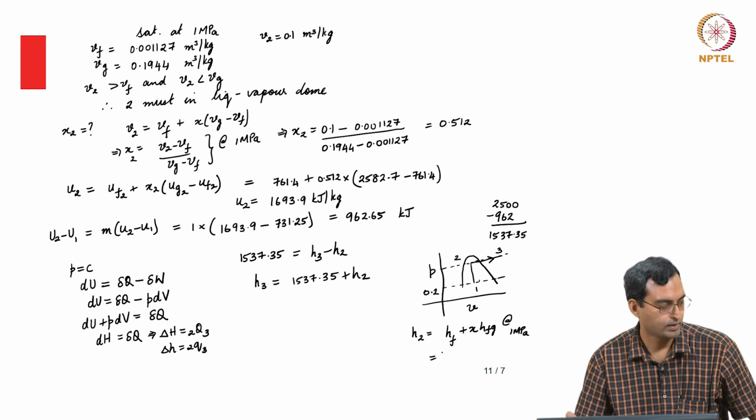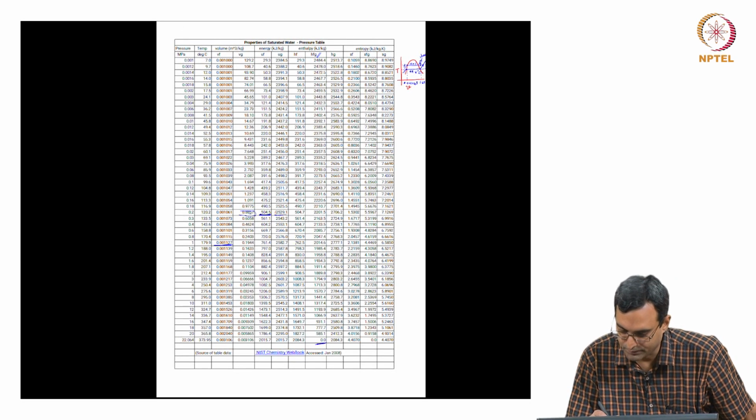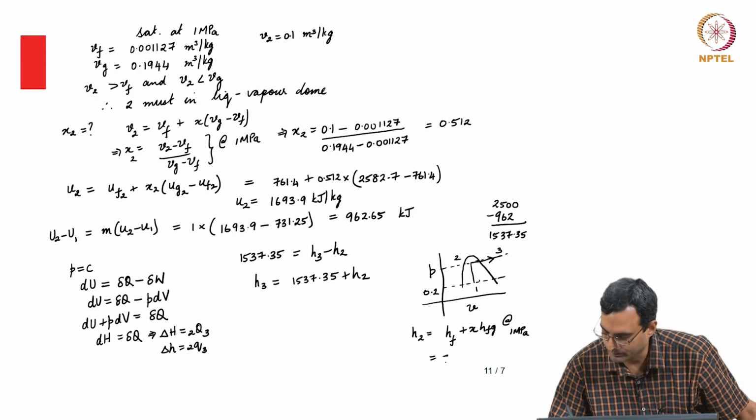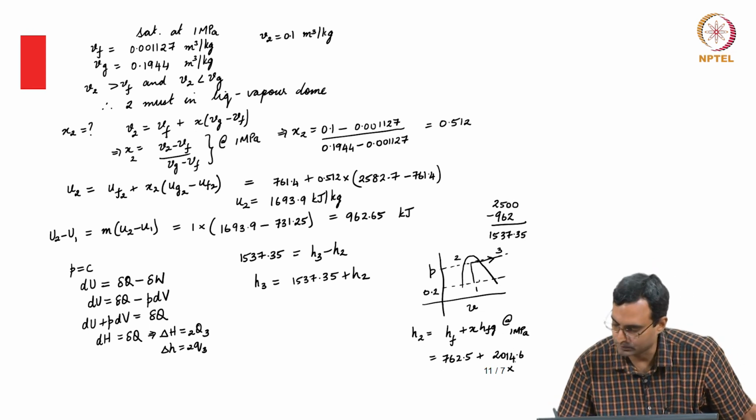So, let us find out these values. So, at 1 megapascal, HF is 762.5, HFG is 2014.6. So, I have 762.5 and I have 2014.6 into X, which we found here as 0.512.